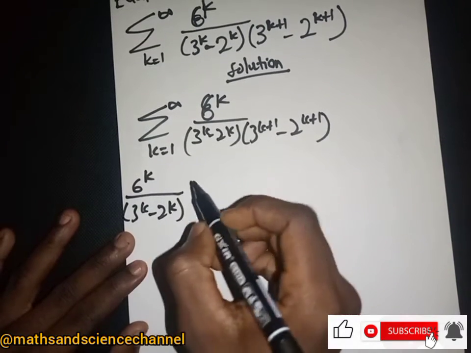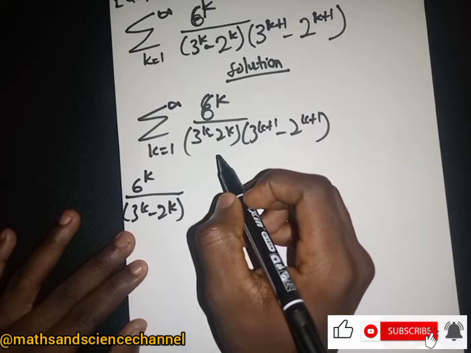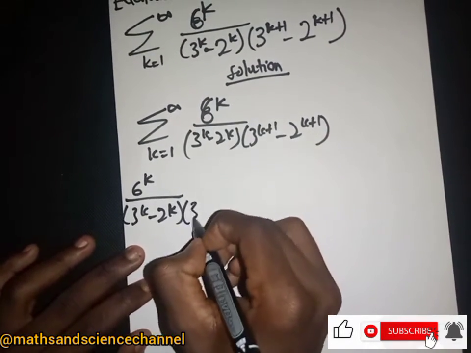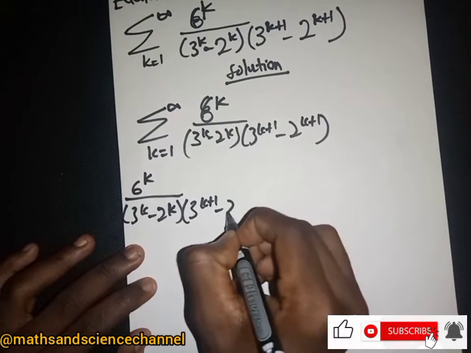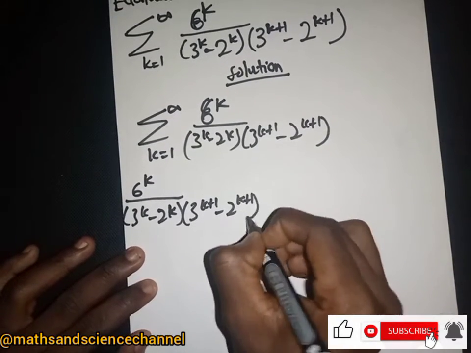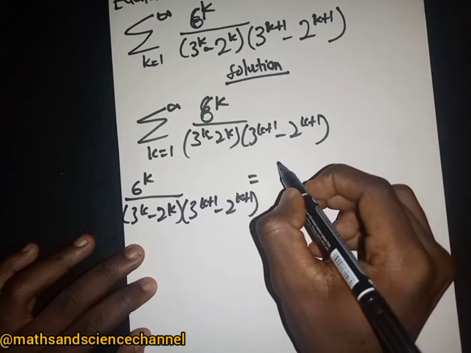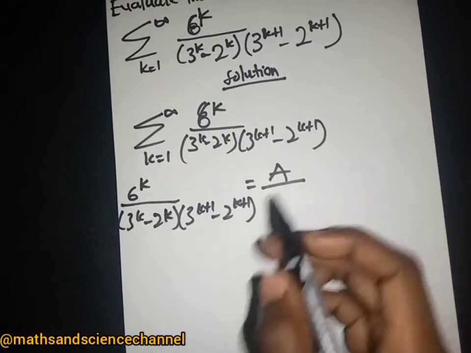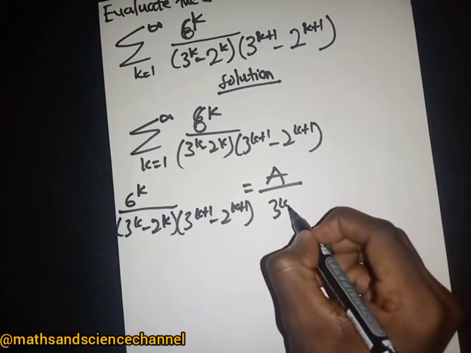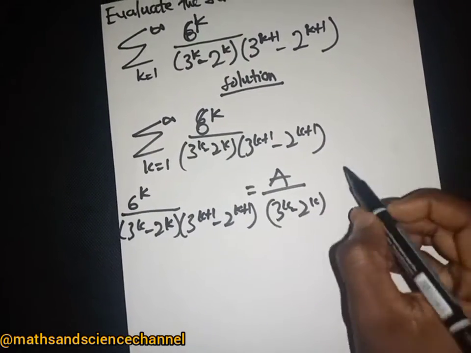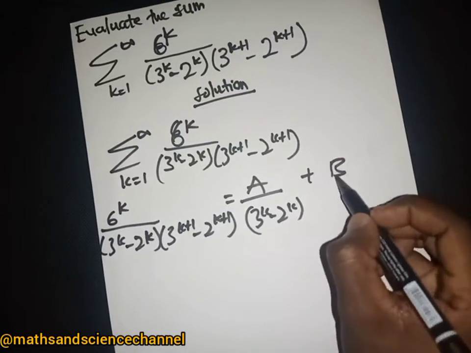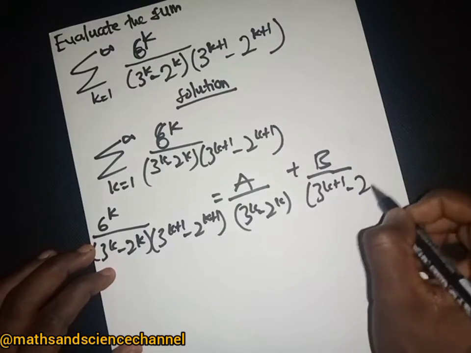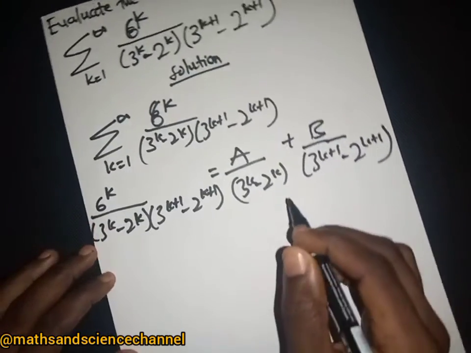Now what we are doing is to apply partial fraction. So we are applying partial fraction over here. 6^k over (3^k minus 2^k)(3^(k+1) minus 2^(k+1)) being equal to A divided by (3^k minus 2^k), plus B over (3^(k+1) minus 2^(k+1)).